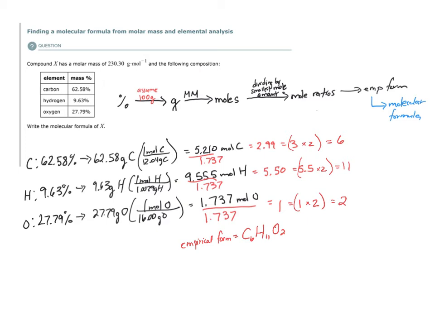Now, is this my molecular formula? Well, how do we find the molecular formula? ALEKS gives us this equation. For the molecular formula, the way we're going to find that is we need to take the molecular molar mass and divide it by the empirical formula molar mass.